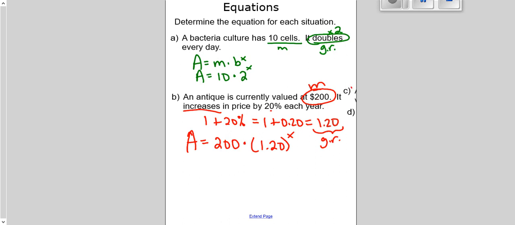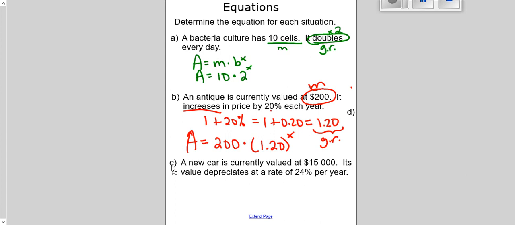Okay, let's pull out C. Oh, here we go. A new car is valued at $15,000. And its value depreciates. So depreciates, of course, means it goes down at a rate of 24% per year. So if it starts at 1, that means it's staying the same. It's going to depreciate by 24%, which is the same as 1 minus 0.24, which equals 0.76.